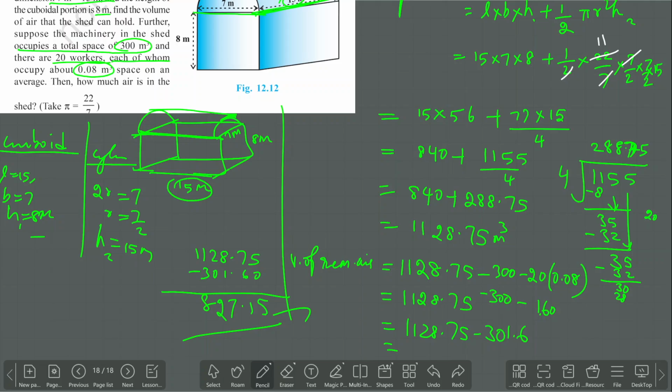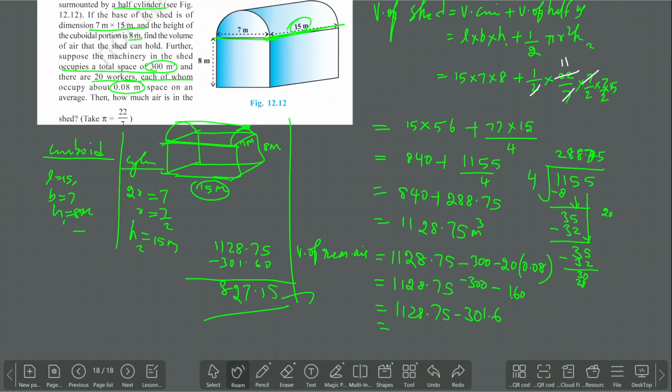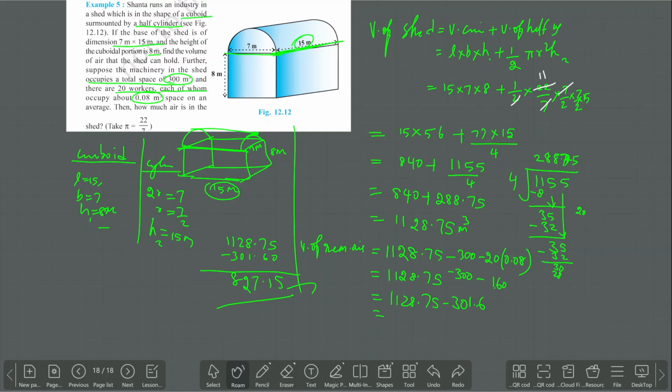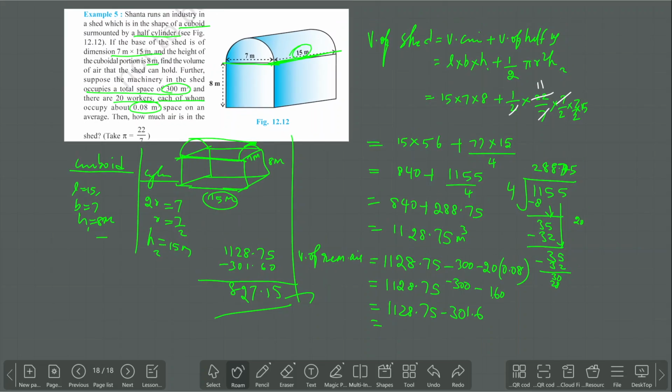See, this is one of the important ones. Don't think that it is very easy. Okay, what is it? 827.15 meter cube. This is the required answer.